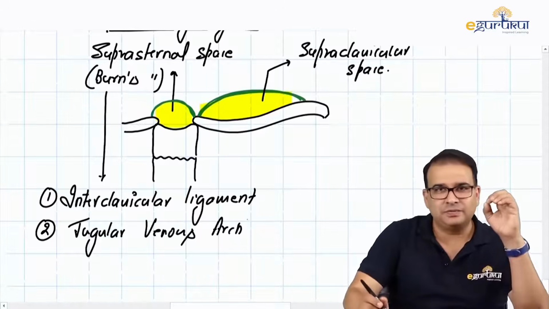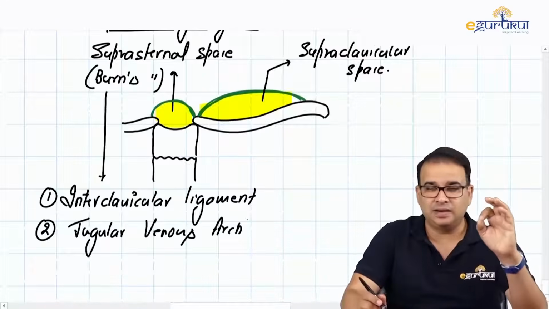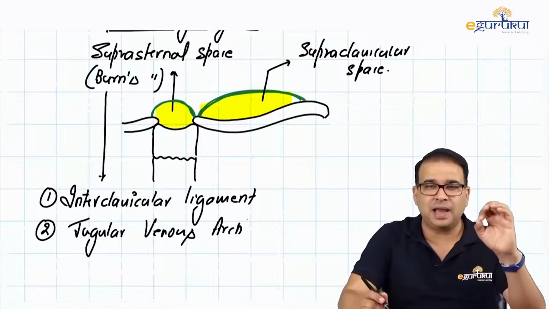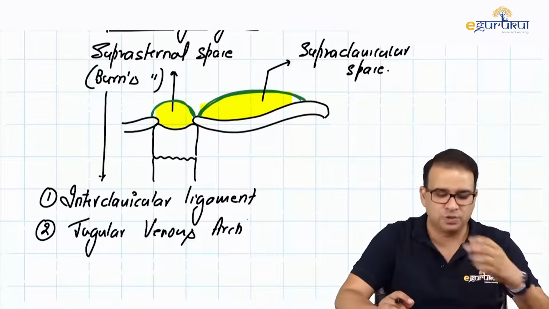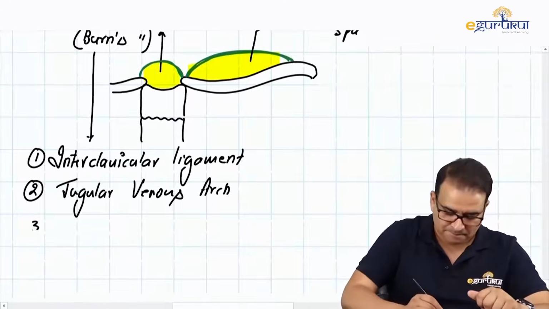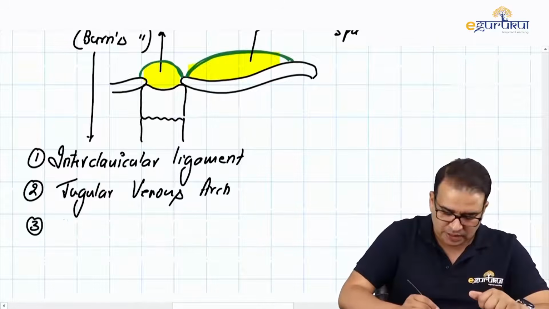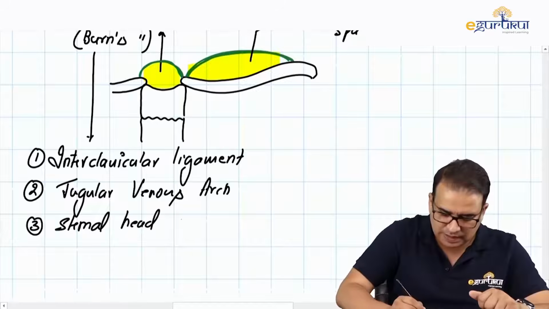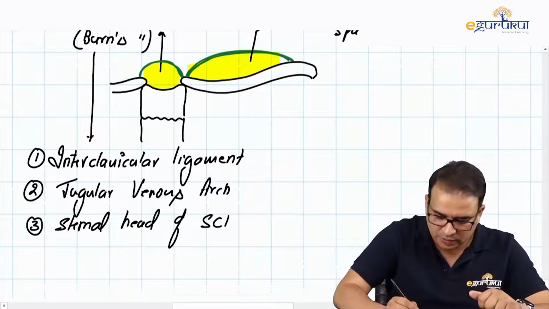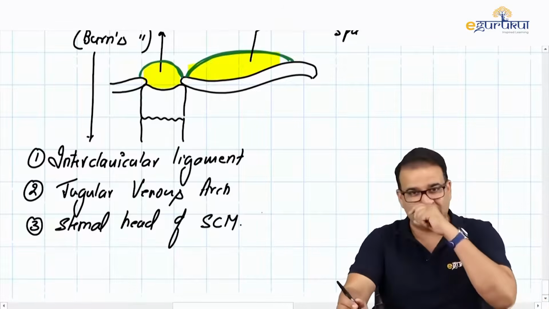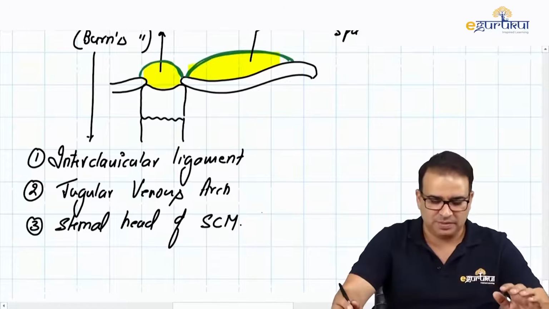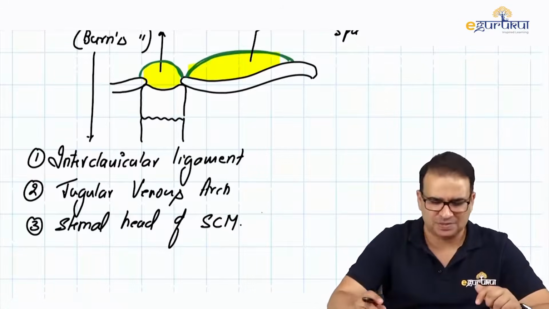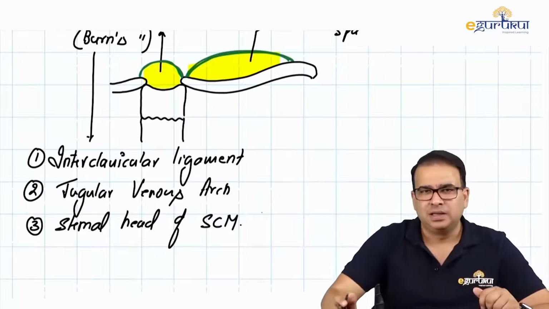I repeat, it is the venous arch connecting the anterior jugular vein. Don't write internal or external. And number three is the sternal head of sternocleidomastoid. So these are the three major contents of the Burns space or suprasternal space. We have some lymph nodes also there.